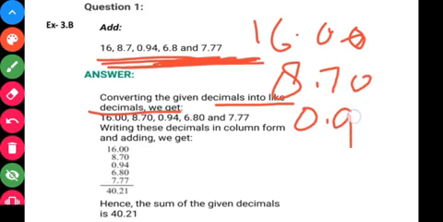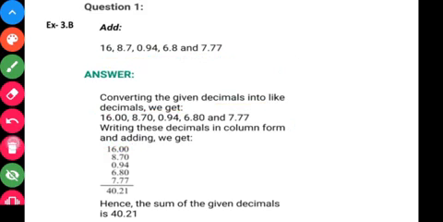0.94 stays the same. So we have 16.00, 8.70, 0.94, 6.80, 7.77. Now add, first from the right side. 4 and 7, 11, carry 1; 7 and 16, 8, 24, 7, 31 and carry 1, 32.